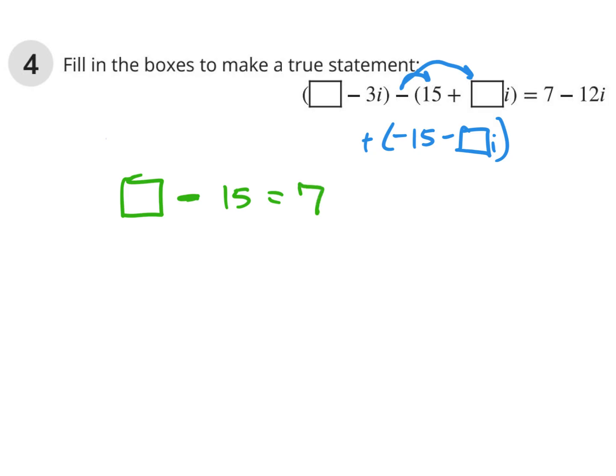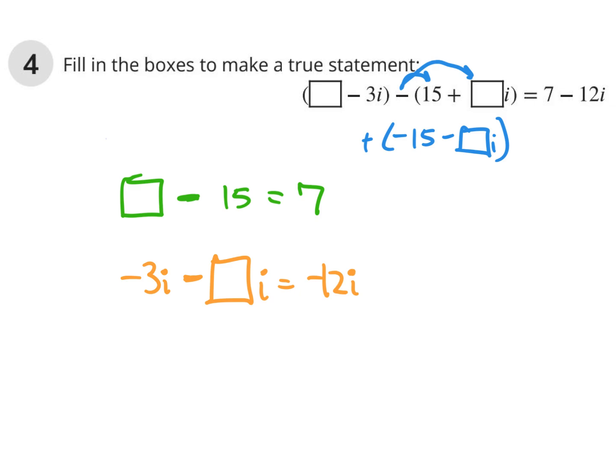And then I'm going to write -3i plus -i, which is negative again. So it's just minus again. Minus box i equals -12i. Okay. What minus 15 is 7?